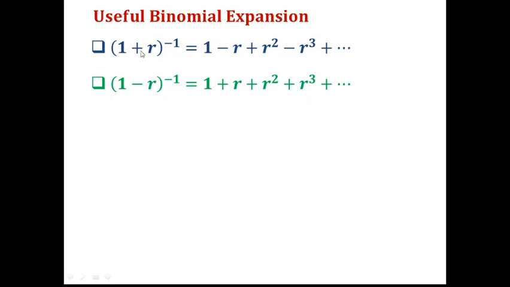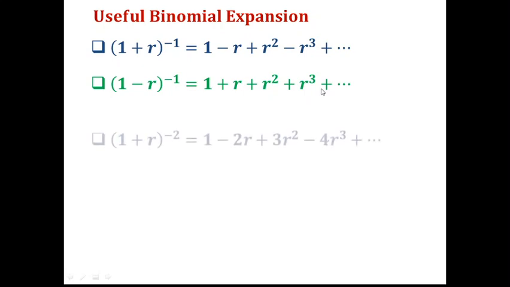Similarly, if the middle sign changes, all terms will become positive. The question is how to remember this. If you notice, when we have plus in the base and minus in the power, we get alternating plus minus signs with the same terms, whereas when both signs are negative, all terms will be positive. In this way one can remember this.